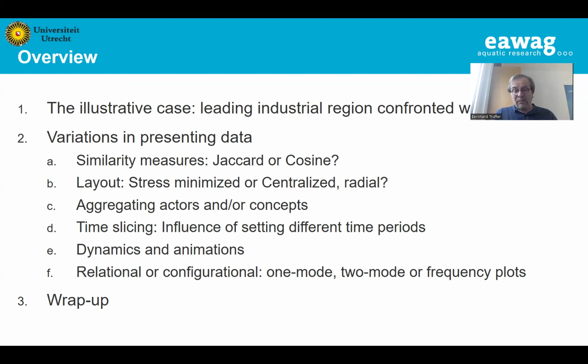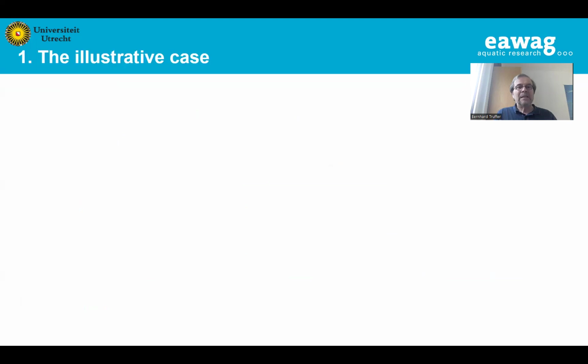It will be about choosing the similarity measures, layout, and aggregations of actors and concepts or time slices, then a short digression into dynamics and animations, and a final point about the specific strength of a one-mode representation compared to two-mode or frequency plot analysis of the same data. Then I will wrap up with one slide.